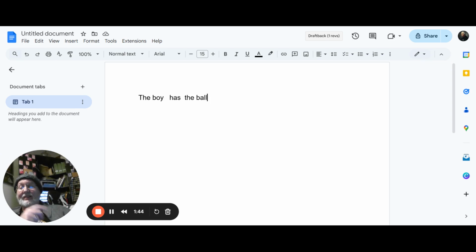Now, the subject is the thing that is doing the doing. And the object, the direct object, is the thing that is getting acted upon. So, which one of these two is the subject of this sentence?